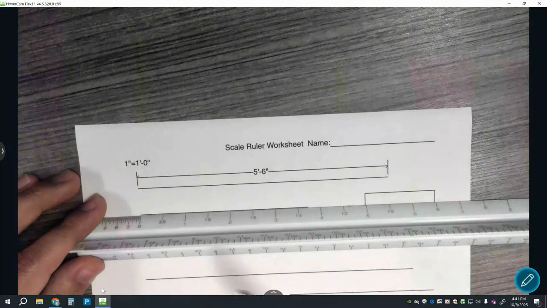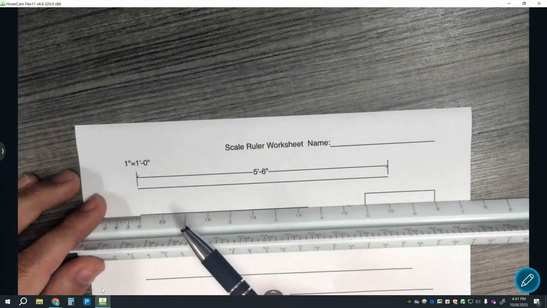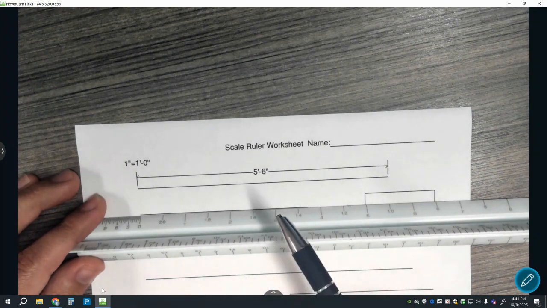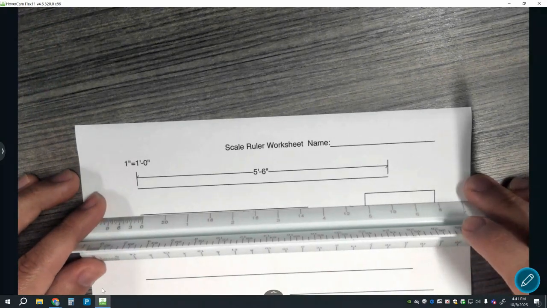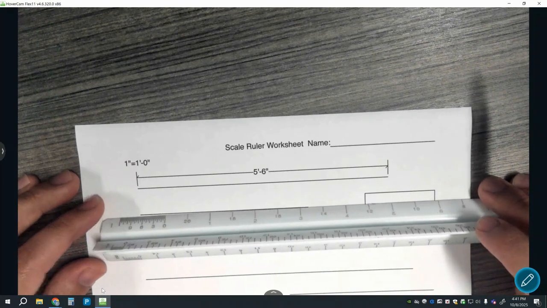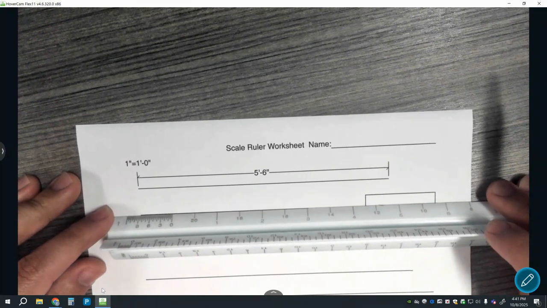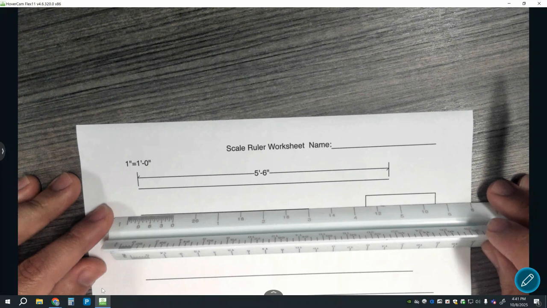We need to count from left to right. 0, 1, 2, 3, and it does not reach the 4. We need to scoot this scale over to the 3-foot mark. So this line here is 3 feet 9 inches.